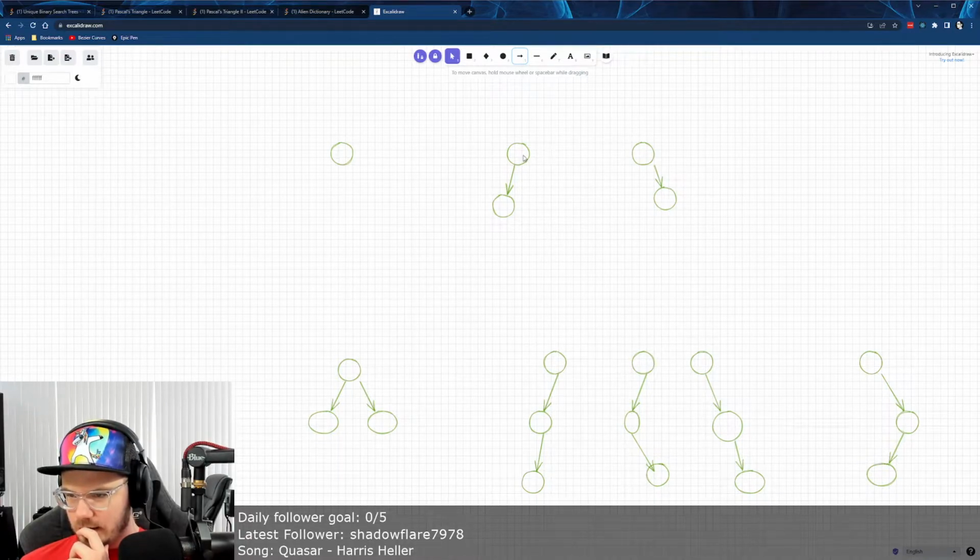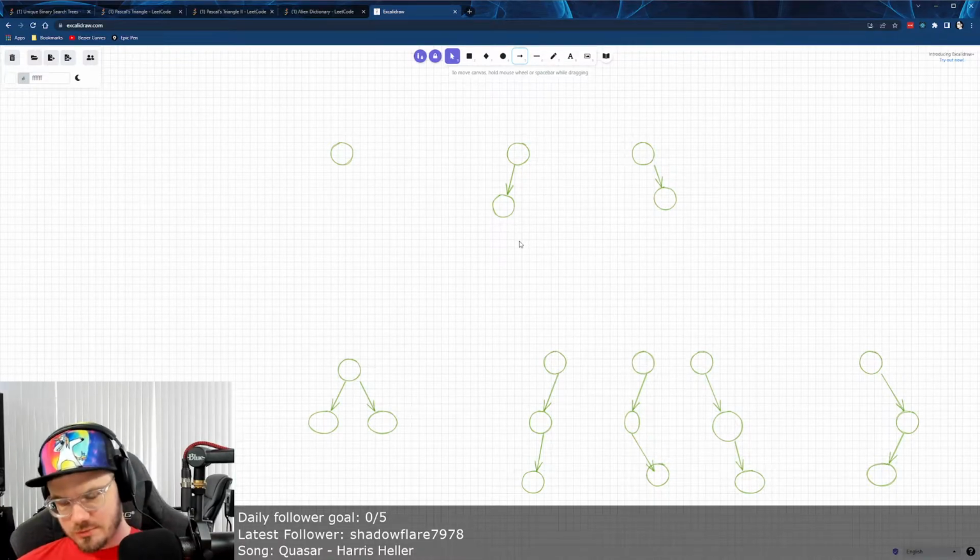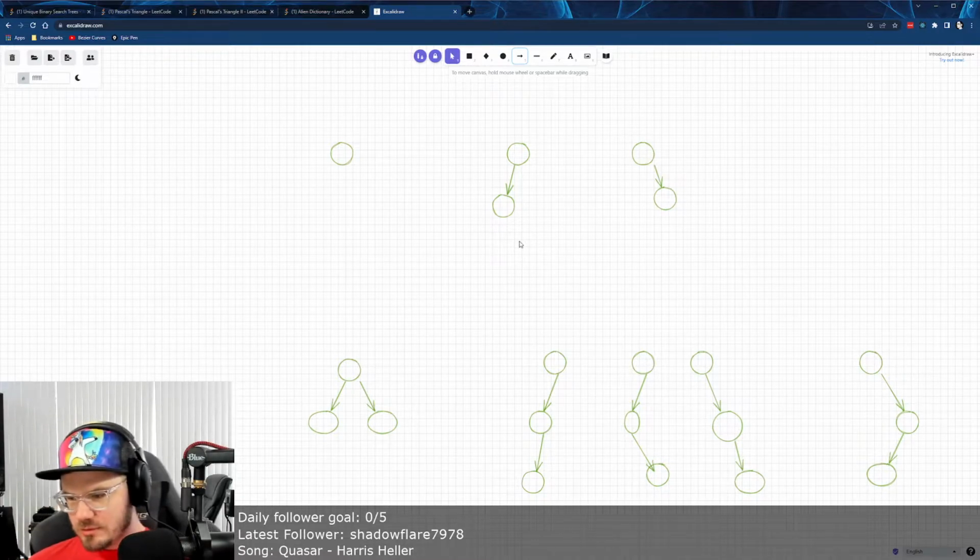So I can take this tree and put it as the left child, so I get this. But I could also put it as the right child, which gets me this. And I can take this subtree and put it as the left child, which gets me this, and the right child, which gets me this. So doing dp of I equals dp of I minus 1 times 2 handles these 4 cases.